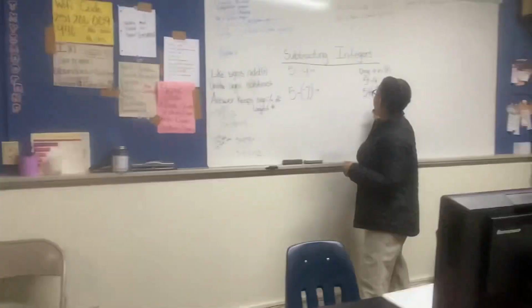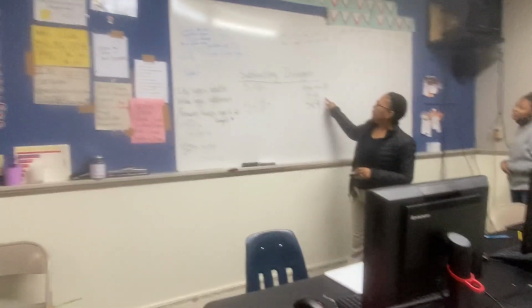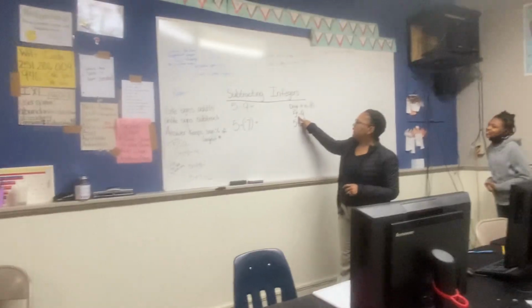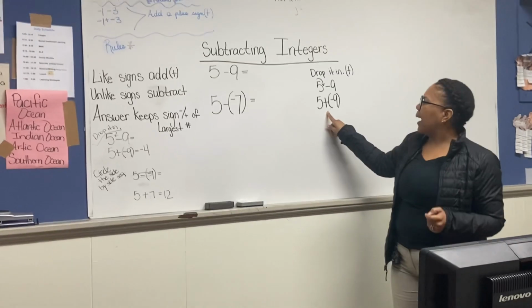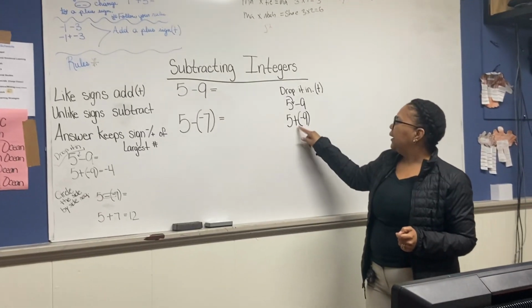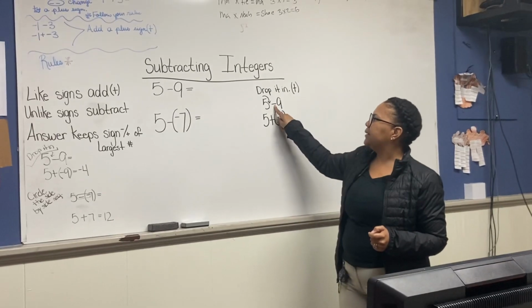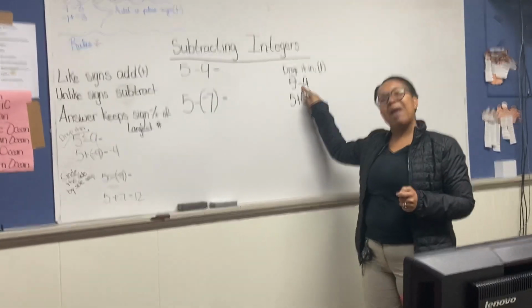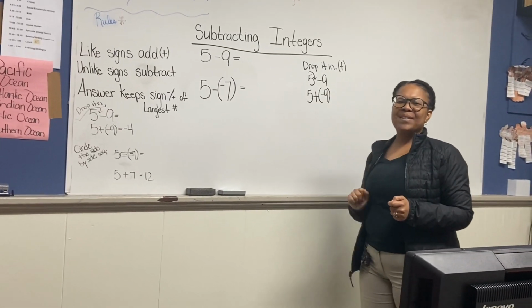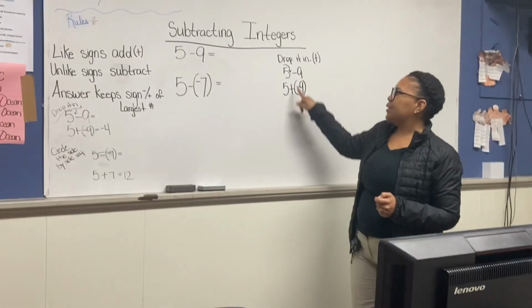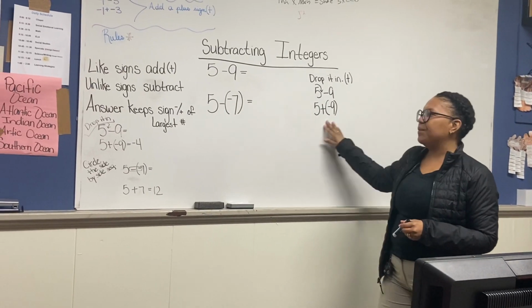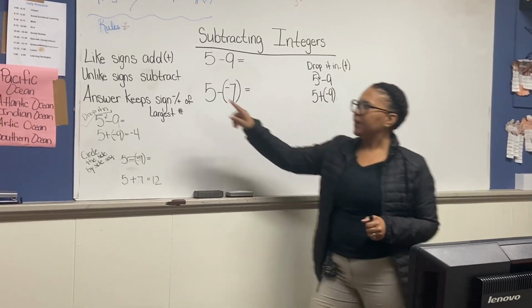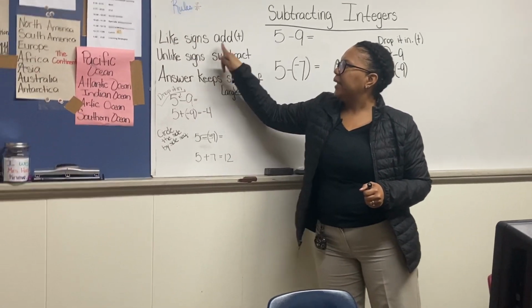All right, so let's come back to our problem. So now that we've dropped in the plus sign, we rewrote our problem: 5 plus negative 9. We let this minus sign go to the 9, and all we did was drop in our plus sign. So now we need to follow the rules. Like signs add.